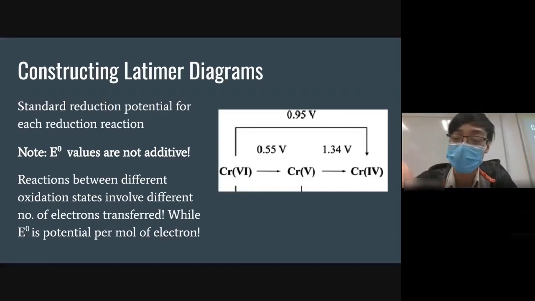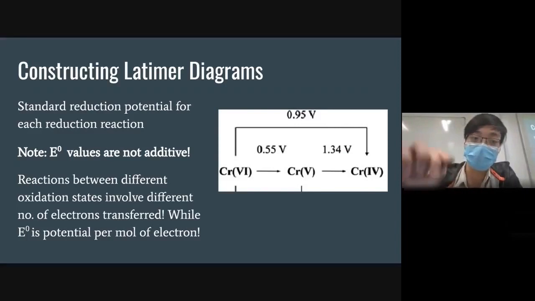Maybe something interesting you can notice from the Latimer diagram. Let's say that you have the reduction potential from chromium 6 to chromium 5 and chromium 5 to chromium 4, but you don't have from chromium 6 to chromium 4. How do you find that? You notice from the values that the E cell values are not additive. You don't just add up these two and get the reduction potential. Why is this so?